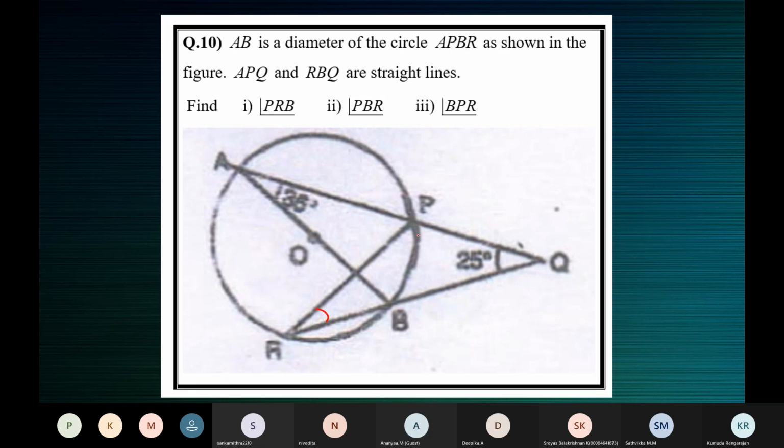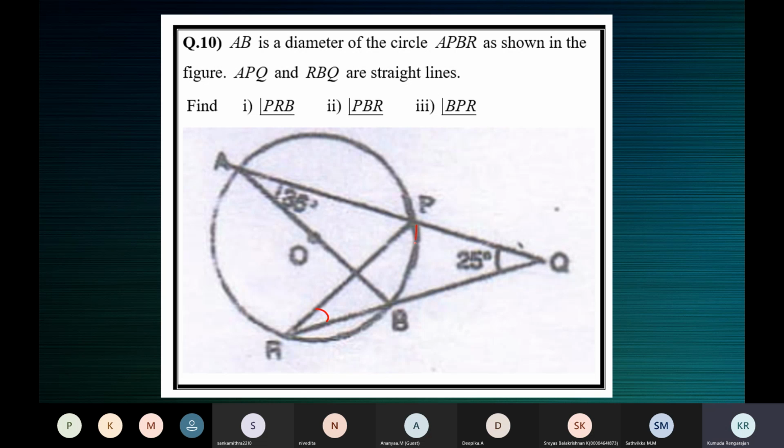Why? They are subtended by the same arc. Which is the same arc? Which is that arc? Arc PB.